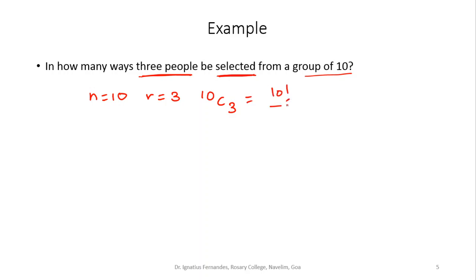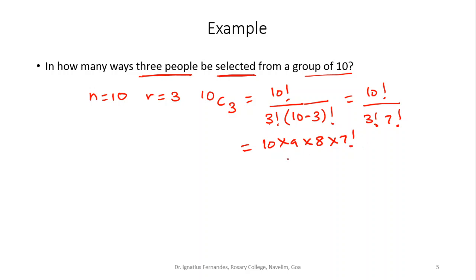It will be 10 factorial upon 3 factorial into, n is 10 and r is 3, so n factorial upon r factorial into n minus r, that is 10 minus 3 factorial, and that will be equal to 10 factorial upon 3 factorial into 7 factorial, which you can simplify. 10 factorial is 10 into 9 into 8 into 7 factorial divided by 3 factorial, which is 3 into 2 into 1, and this 7 factorial I am keeping as it is so that I can cancel it.